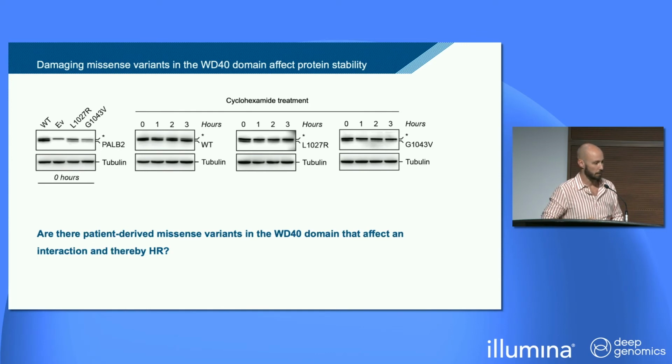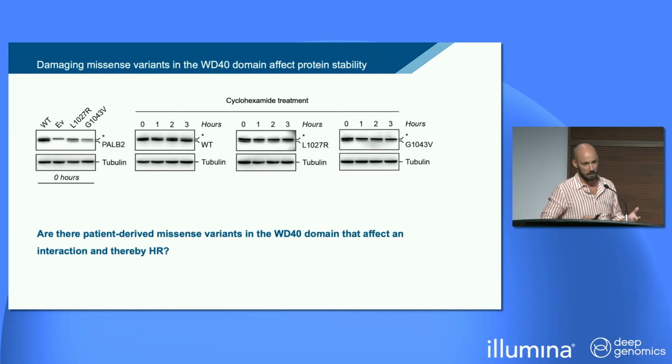For wild type PALB2, going from 0 to 3 hours, you see that the pool of PALB2 protein remains quite stable over time. Then for the 2 variants, you see that the pool of protein goes down. You need to look at the bottom band, by the way. The top band is a background band.